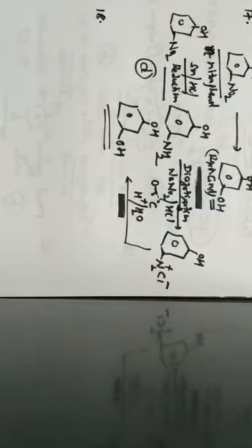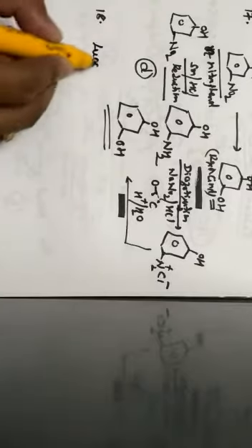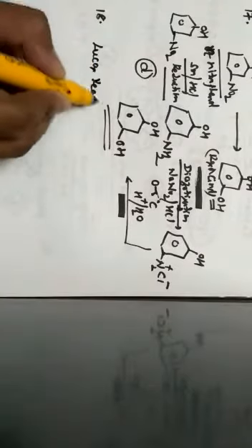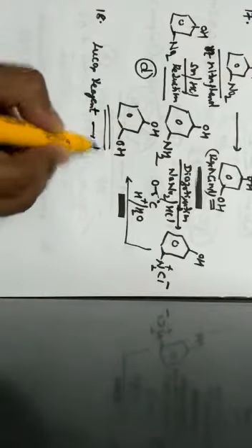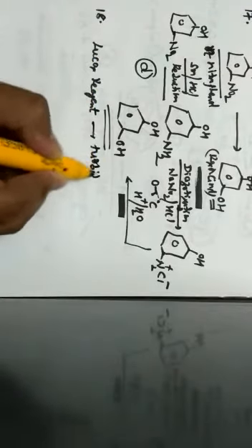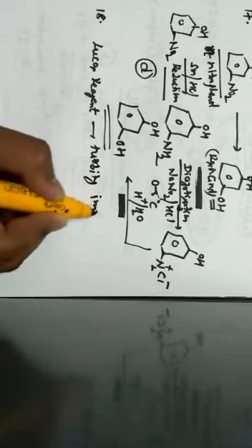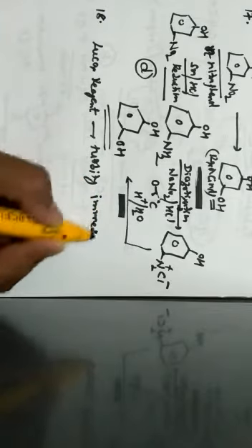Next one, question number 18. The compound which gives turbidity immediately with Lucas reagent at room temperature. So here you know the meaning of Lucas reagent. Already we have discussed what it is telling. Turbidity is formed immediately.